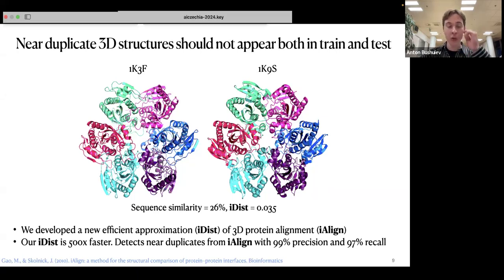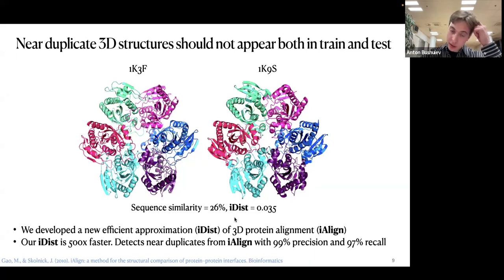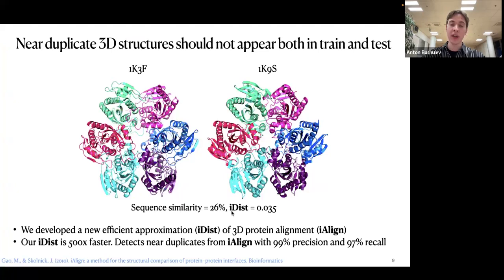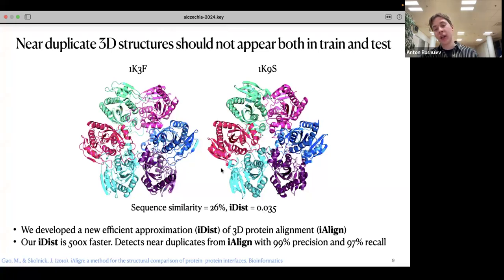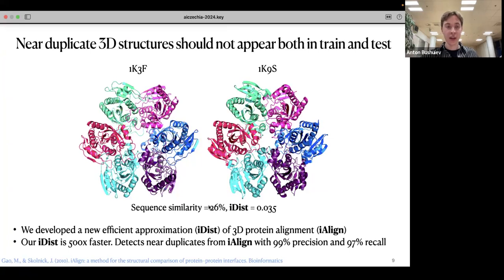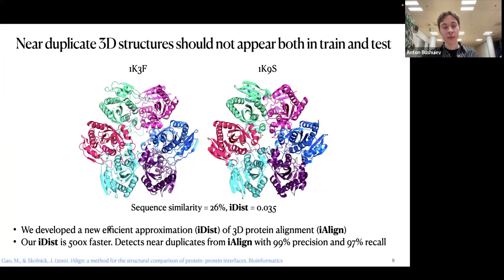That's why we developed a method which we call IDs. Essentially, it converts interactions to vector representation and compares distance between them. So here we can see that it calculates low distance for these 2 interactions, which means that it can detect that they are really near duplicates.